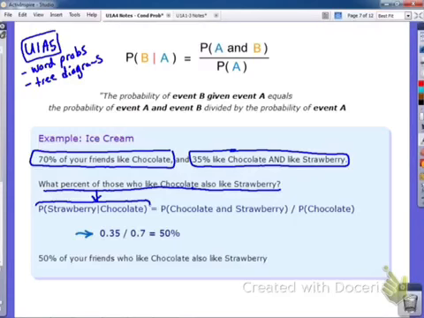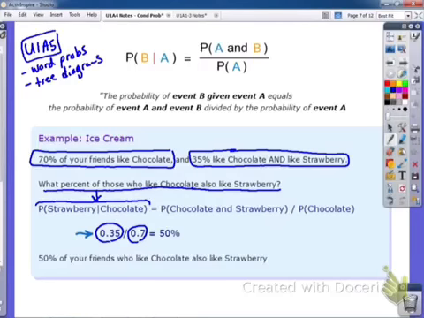We can change that 70% into a decimal by moving the decimal place over 2 places to the left. And they gave us the number of people that like chocolate and strawberry, that's 35%, so we wrote that as a decimal, 0.35. So we divide 0.35 by 0.7, and we find out that 50% of those who like chocolate also like strawberry. Okay, so there's a problem already worked out for you.